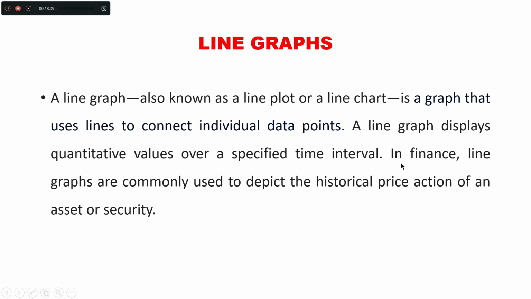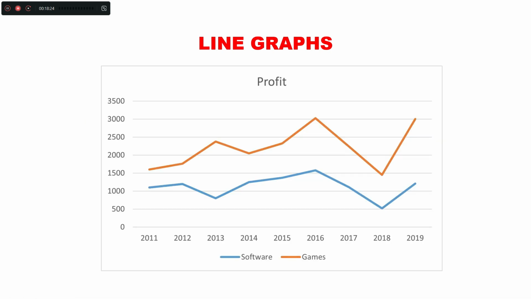Most commonly used in the finance department, the line graph expresses the price range at different points of time, whether the trend is increasing or decreasing. So this is how the graph looks. You can take two different examples.